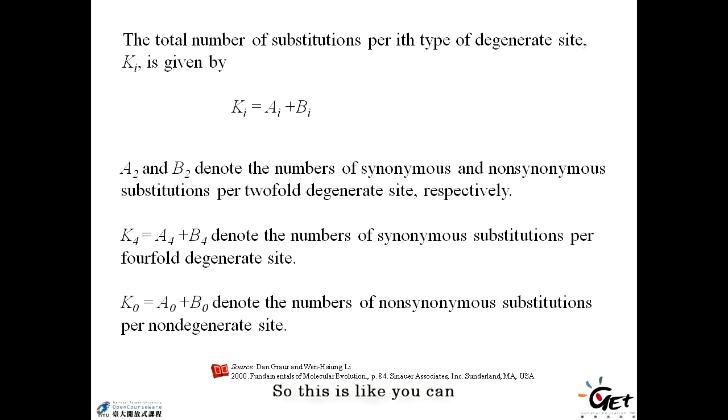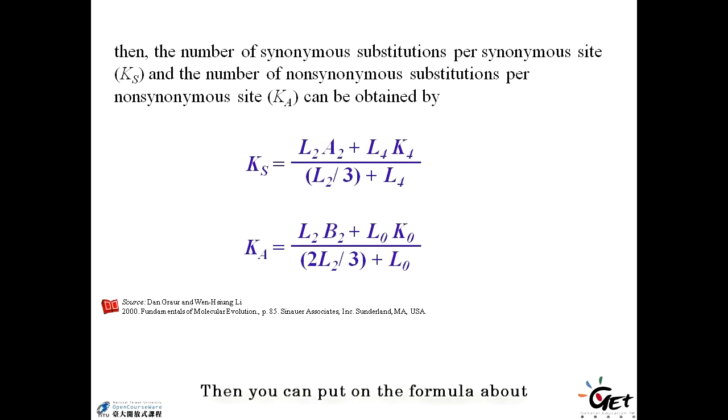So just by looking at the position of the sites and knowing whether it's a transition or transversion, you can calculate all the possible types of changes. Then you can put them into the formula for the synonymous and non-synonymous.